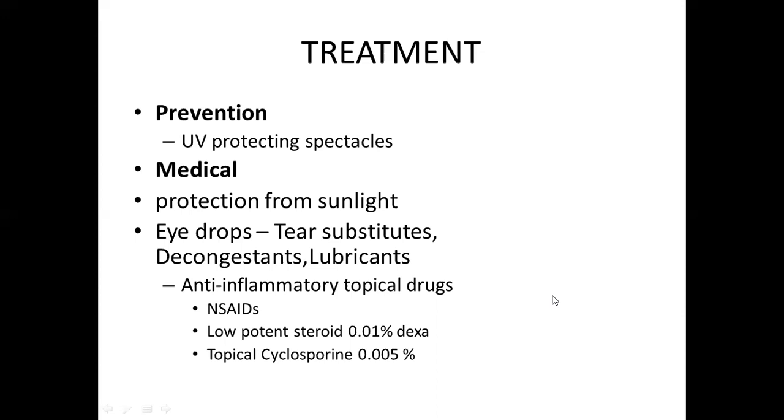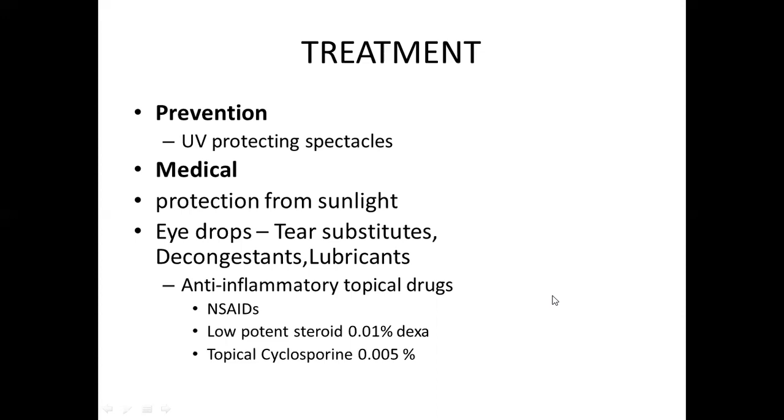Because if you go ahead and do pterygium excision for the patient and the sugar is very high, it may lead to poor wound healing and a lot of complications may result from that.